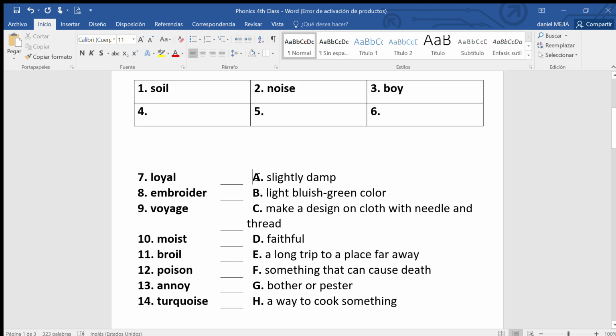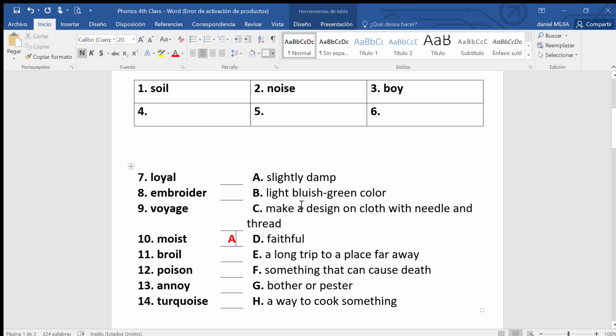We have letter A, slightly damp. What do you think it is? For example, when there is a lot of vapor, you say it is moist. So write letter A there.